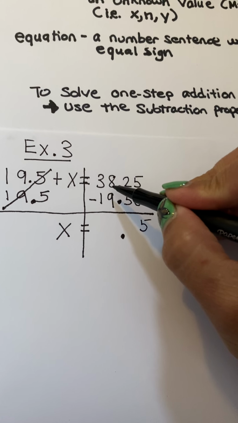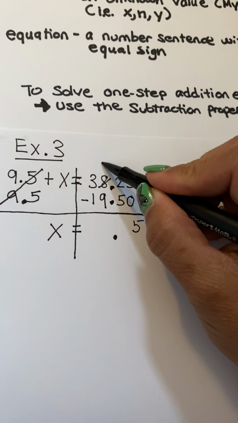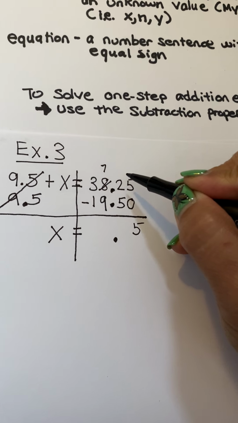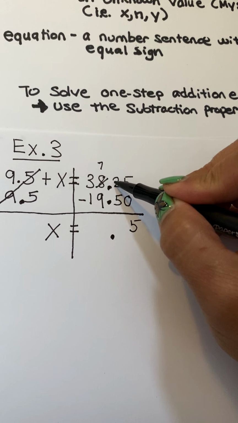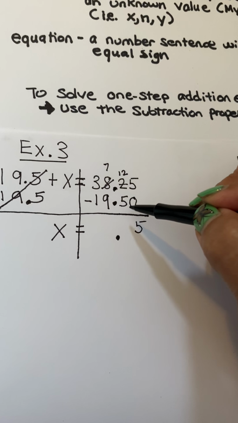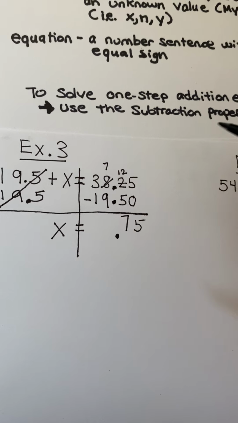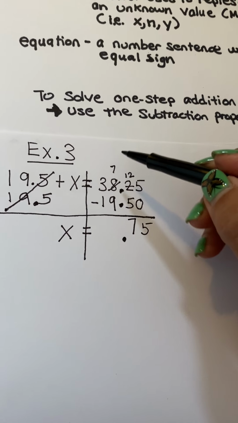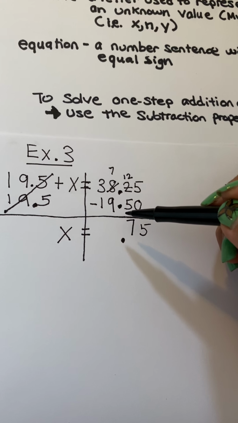So we're going to have to borrow from the 8. So cross out the 8, make it 1 less, make it a 7, and then we're going to add a group of 10 to 2 to make it a 12. So now it's 12 minus 5, which is 7. And then the next column, 7 minus 9. Can it work? No, it cannot.